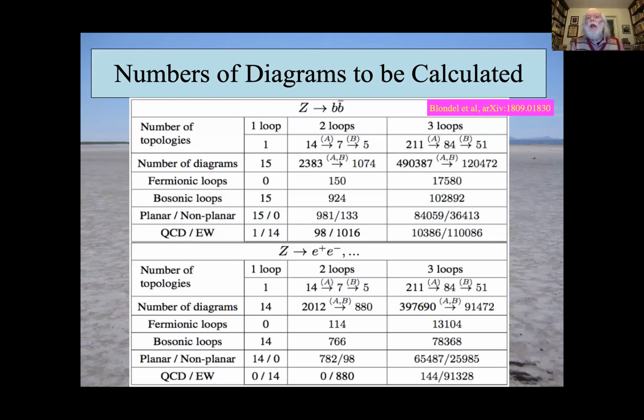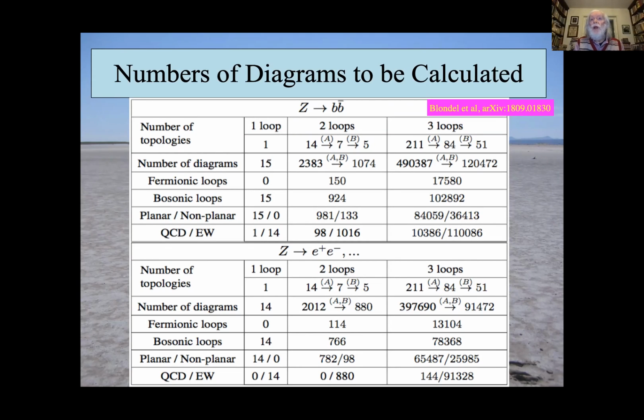So yesterday, Alessandro Bonanno mentioned all the interesting calculations that are needed in order to fully interpret gravitational wave observations. So here I've taken just a few examples of what would need to be calculated in order to extract the maximum information from Z goes to BB bar measurements at CEPC or FCC EE.